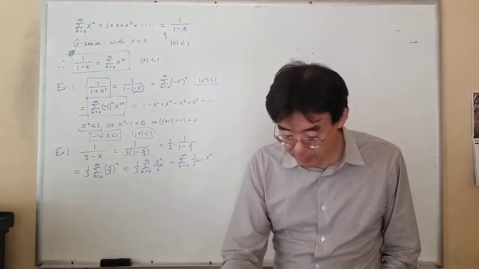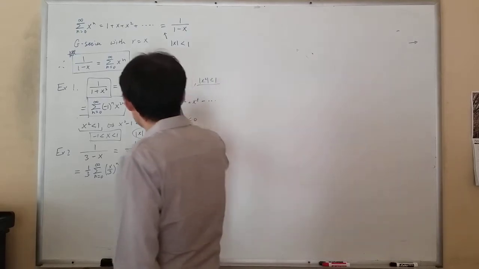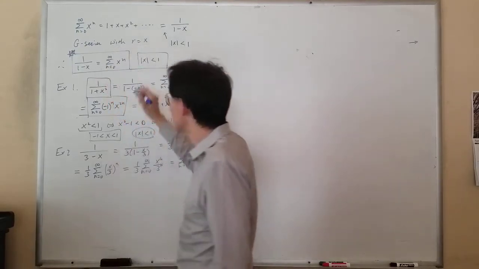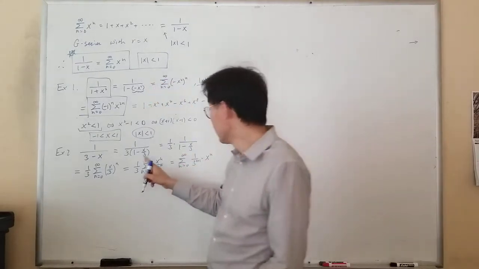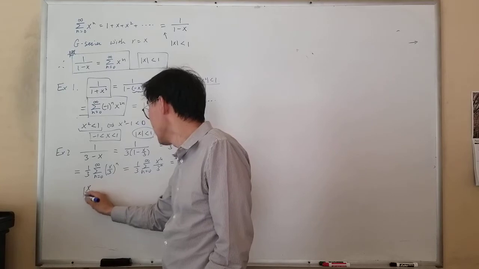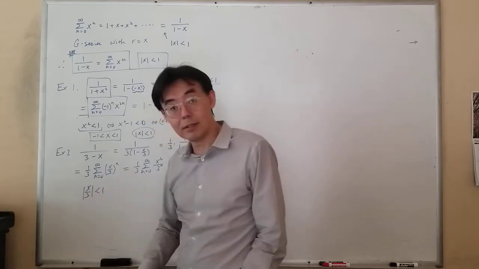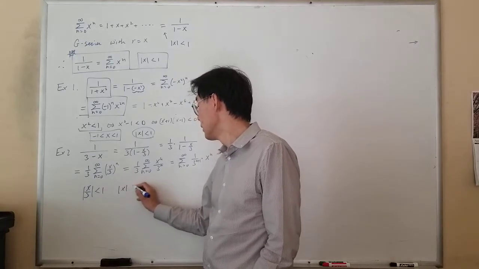All right. Now, the interval of convergence is determined by this: the absolute value of something, where something is x minus 3, and the absolute value is less than 1. Right? So multiply both sides by 3.